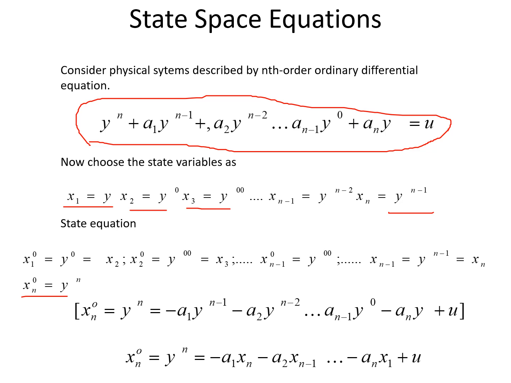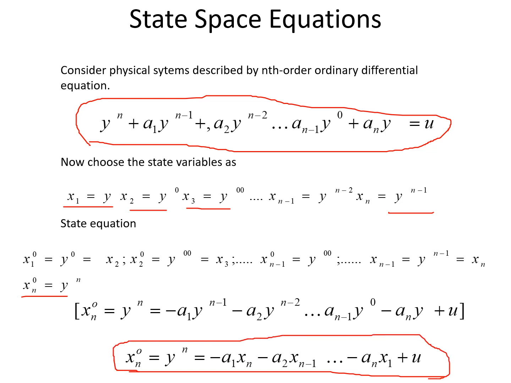Here the dot indicates that it is a derivative, and you can consider your state equation from this as xn dash is equal to y^n, which is equal to minus a1 xn minus a2 x(n-1) etc. up to minus an x1 plus u. So this is the state variable equation that we can have for n such variables, in standardized form.